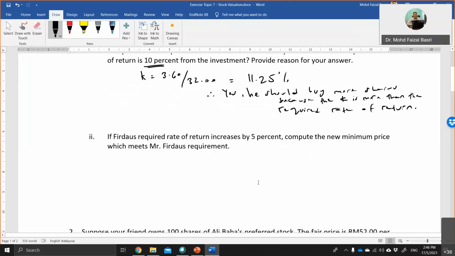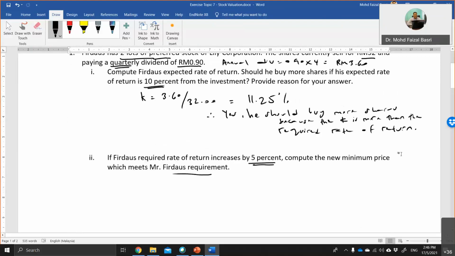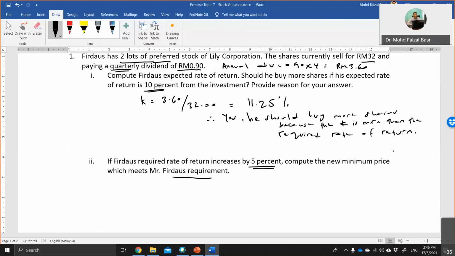Now, if Firdaus's required rate of return increased by 5%, compute the new minimum price which meets Firdaus's requirement. So now the question asks about price. So for the second one, we're going to use the valuation of preferred.